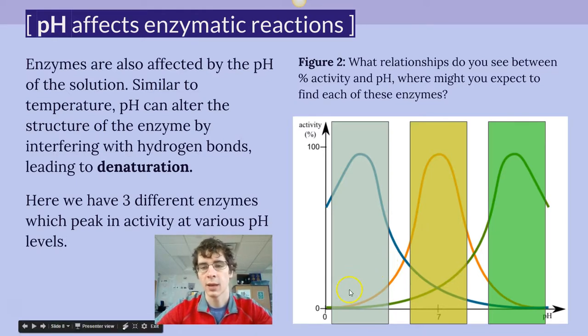And again, we see as it approaches this ideal pH level, it's at its highest functionality, highest percent of activity, and if it goes in either direction, it falls off in its activity. So these enzymes are very good at doing their jobs in specific pH environments. This one in a very acidic, this one in neutral, and this one in a highly basic environment. So where might we find these?